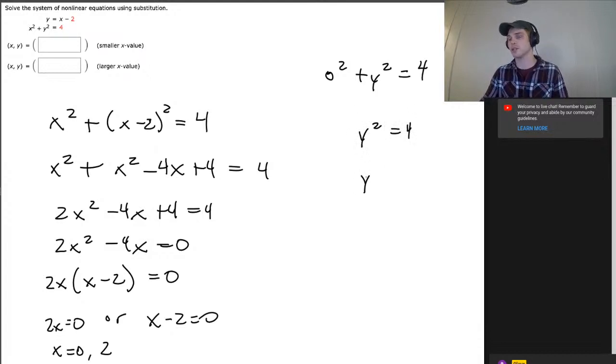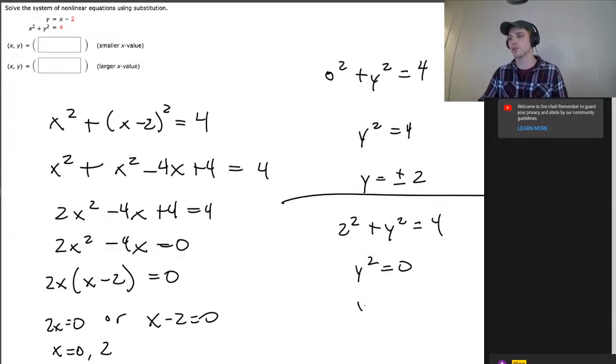So we get y equals plus or minus 2. Then I'm going to substitute 2 into the second equation. So 2 squared plus y squared equals 4. 2 squared is 4, so I'll subtract that from both sides. Y squared equals 0, which means y equals 0.